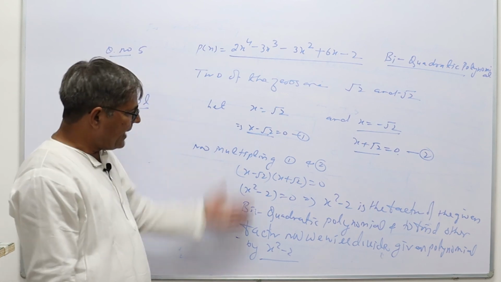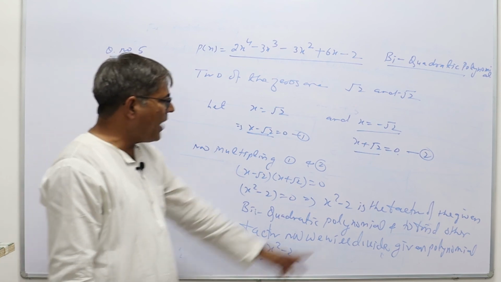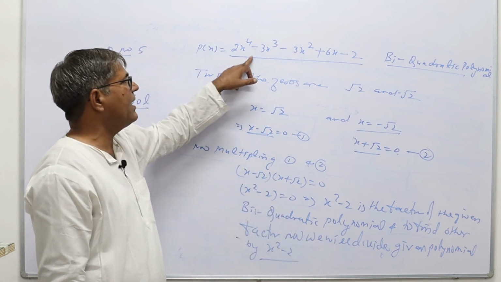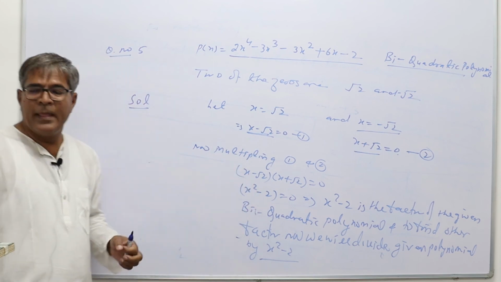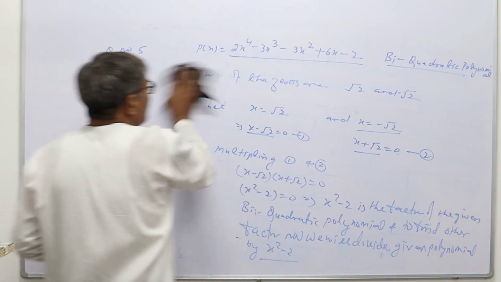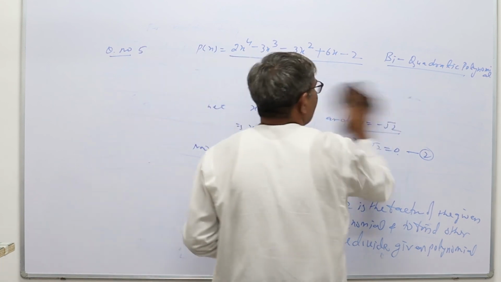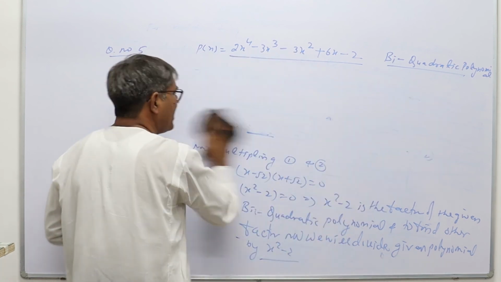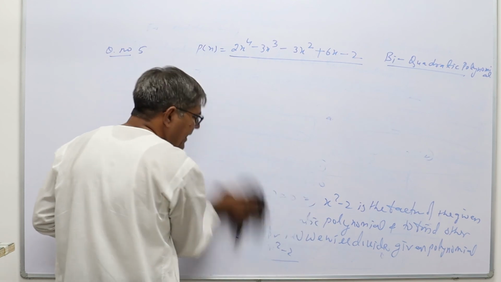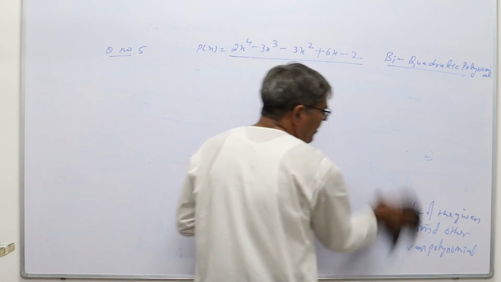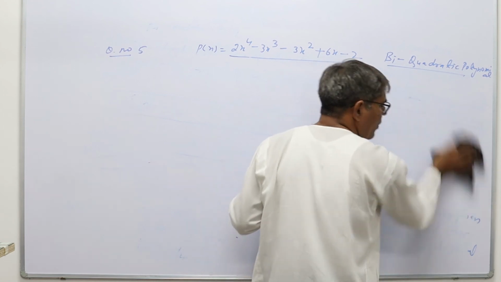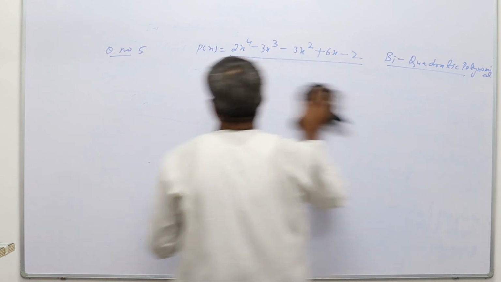And to find the other factors, now we will divide this given biquadratic polynomial by x square minus 2. So how will we divide? Because the given polynomial is biquadratic, it will have 4 zeros.